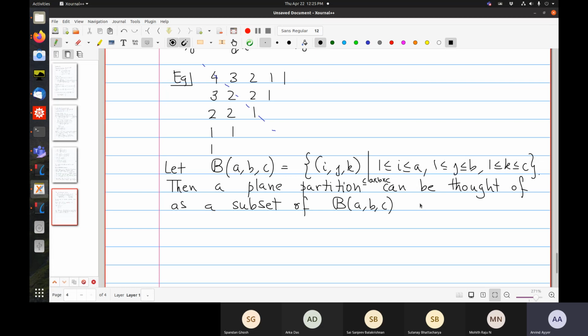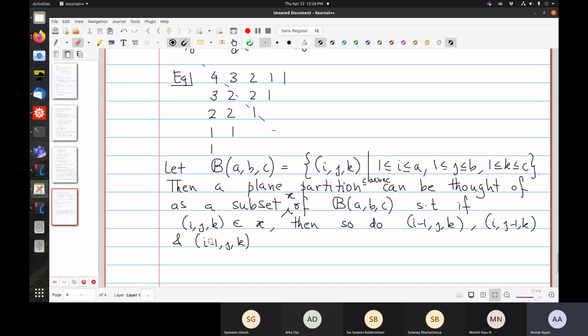It is thought of as a subset of B of a, b, c, let me also call it pi, such that if ijk belongs to pi, then so do i minus 1 jk, ij minus 1 k, and ijk minus 1, right?